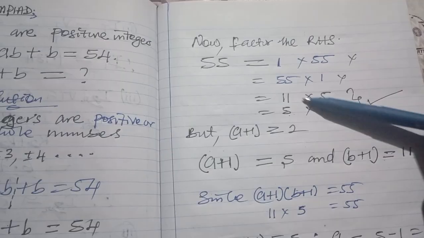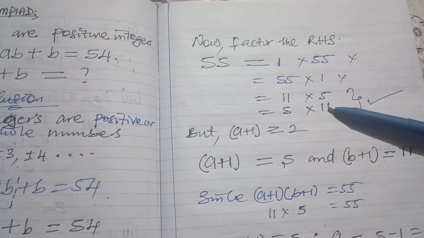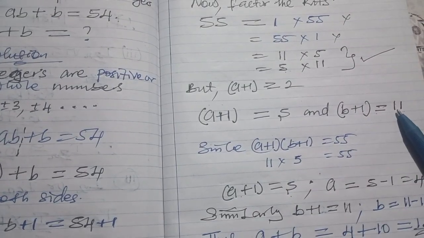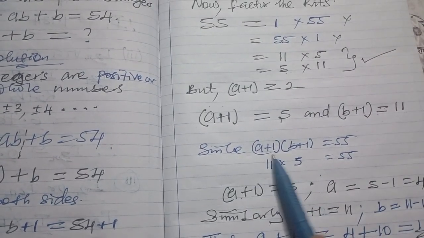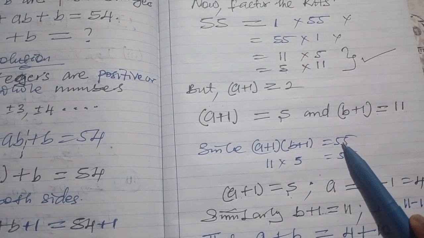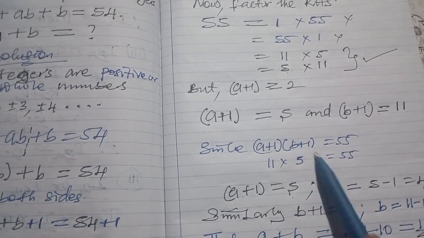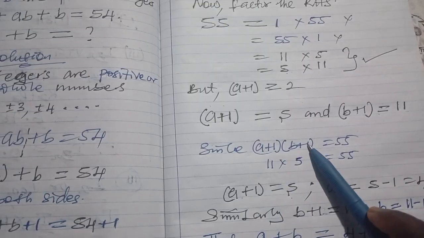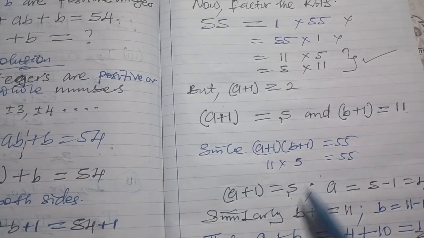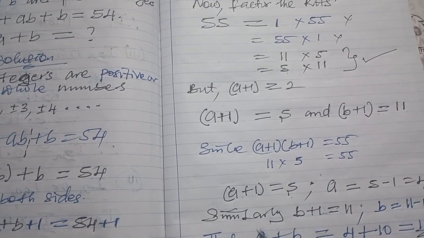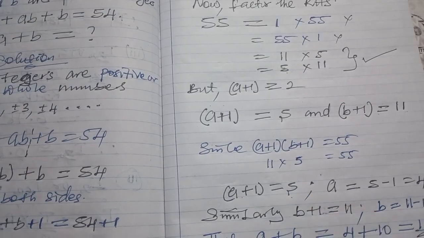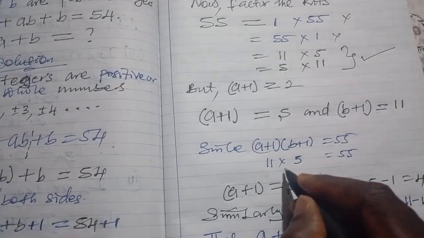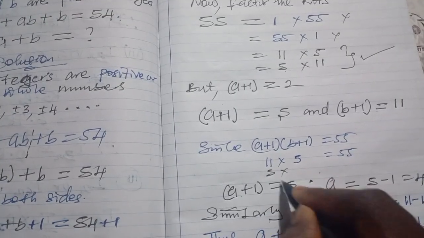So we consider the first condition when we are using 5 and 11. We said A plus 1 should give us 5, while B plus 1 should give us 11. When you multiply this, we have 55.